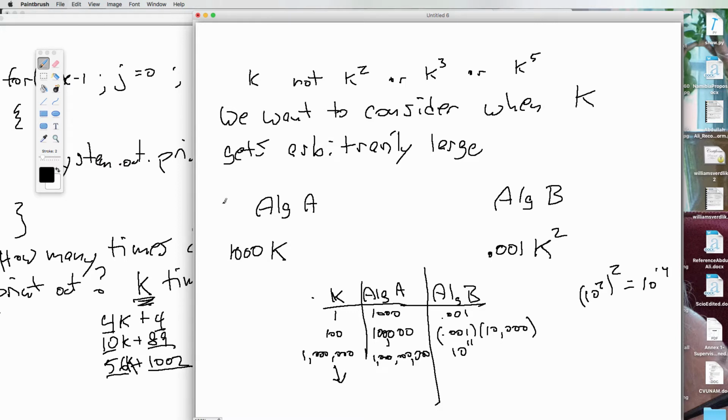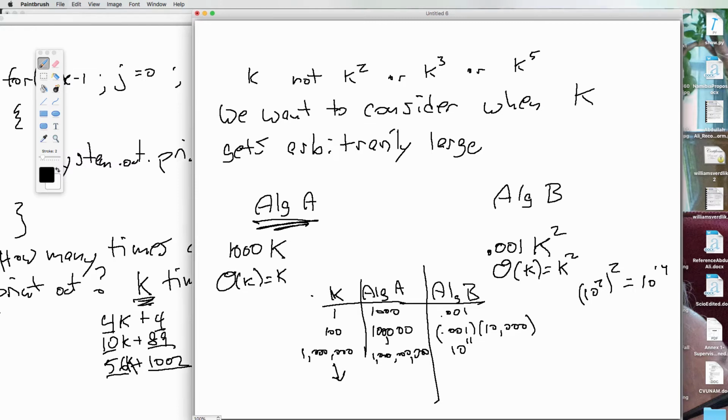So the point is that we come over here, and over here we would have that big O of k is equal to k, and over here we would have that big O of k is equal to k squared. And we would say that as k tends towards infinity, algorithm A is the faster algorithm. Now for specific numbers and for k pretty small, algorithm B is faster. But as k gets bigger and bigger and bigger, algorithm A is clearly superior to algorithm B. So when we're talking about this stuff, there are a couple of different names for this.